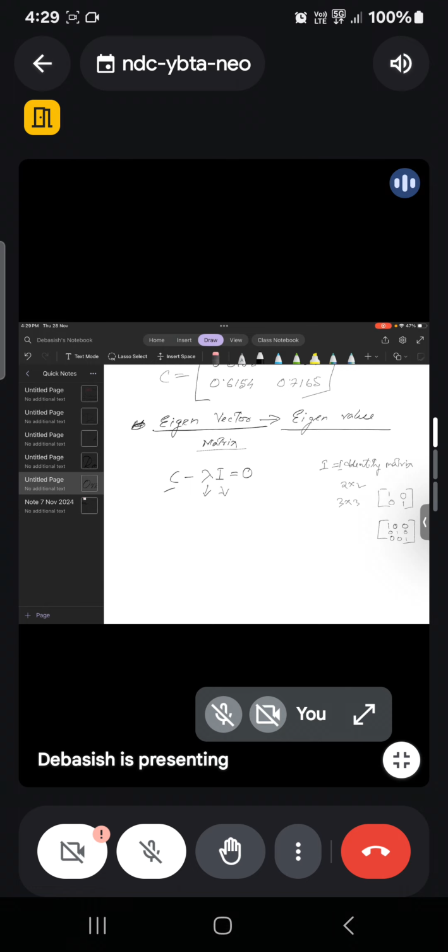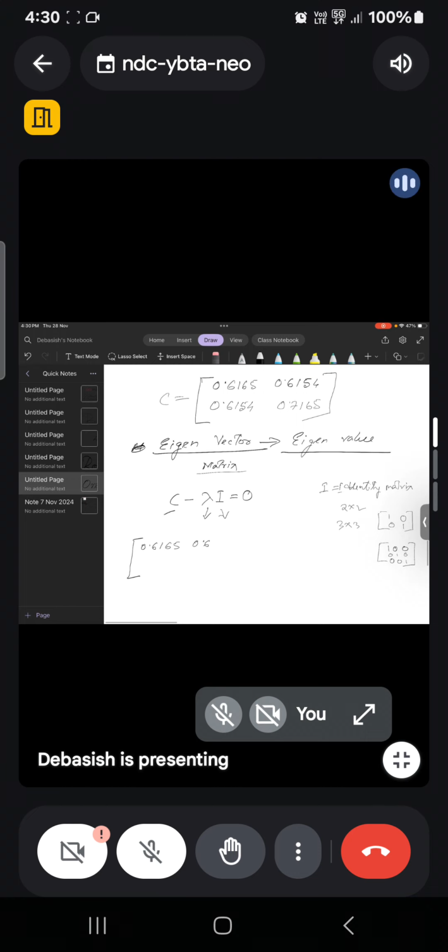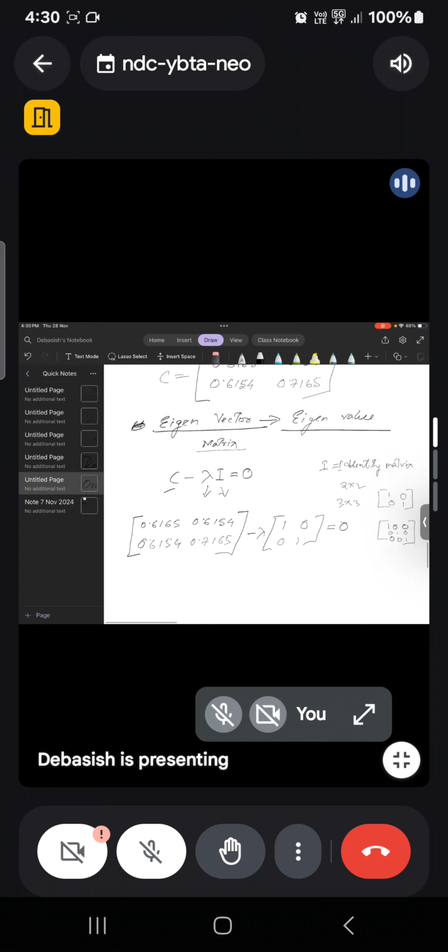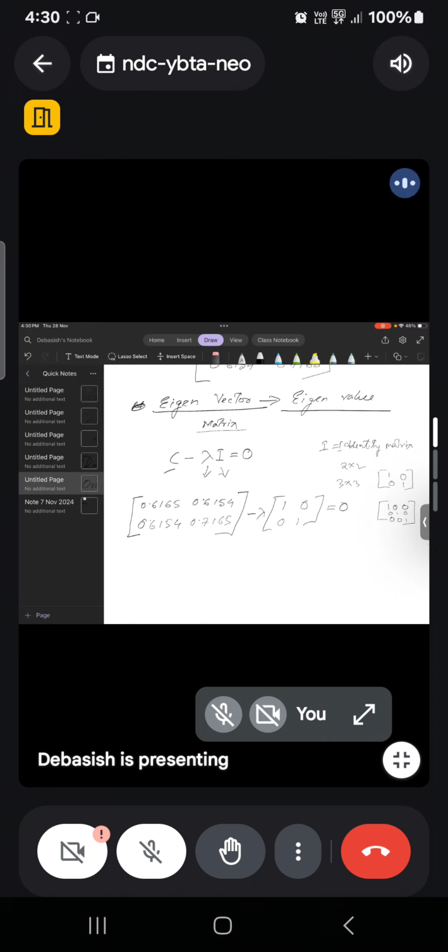We have found the covariance matrix, so we write 0.06165, 0.6154, 0.6154, 0.7165, minus lambda times 1 0, 0 1.